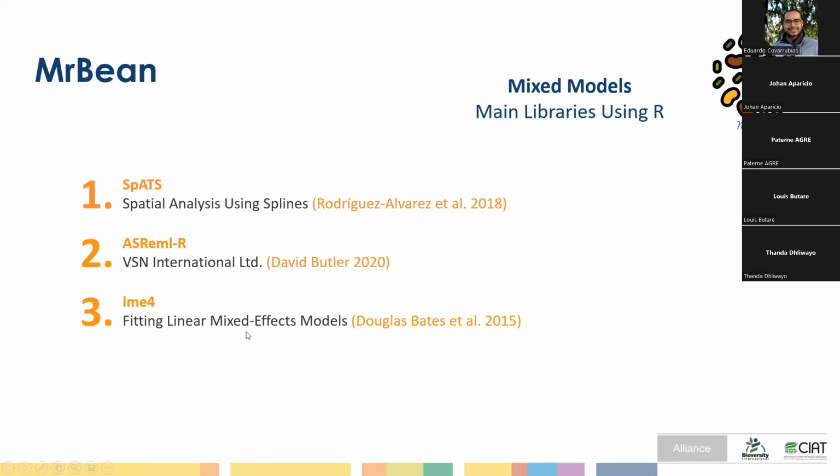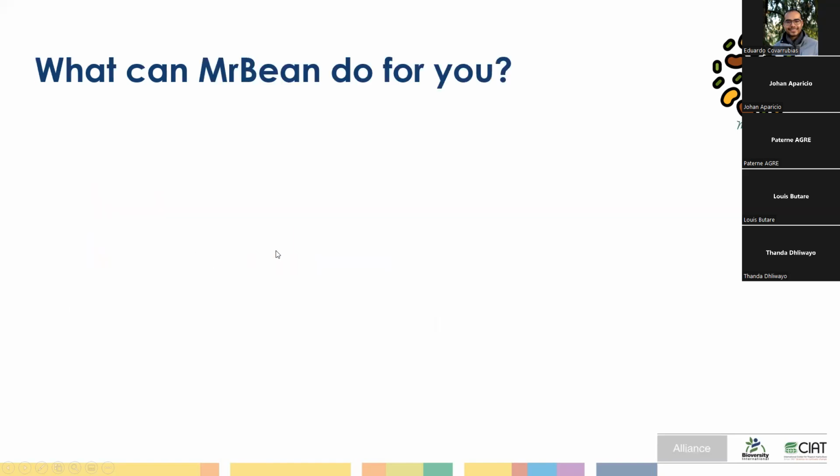LME4 is a free package that also helps us fit linear mixed models. All of them are available in R. SPATs is free, LME4 is free. The one for which we have to have a license is ASREML-R.